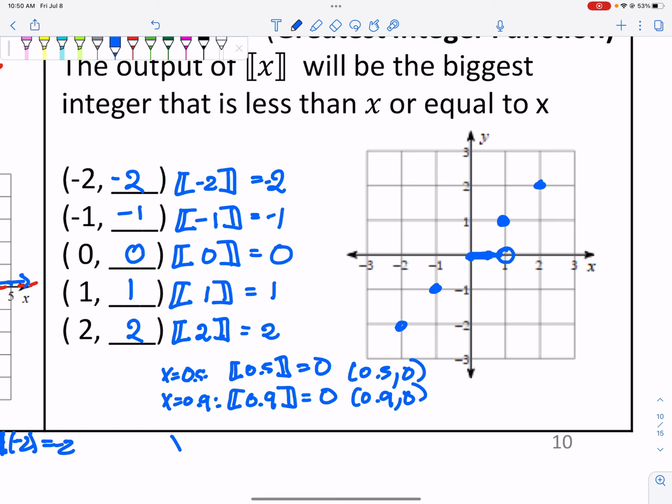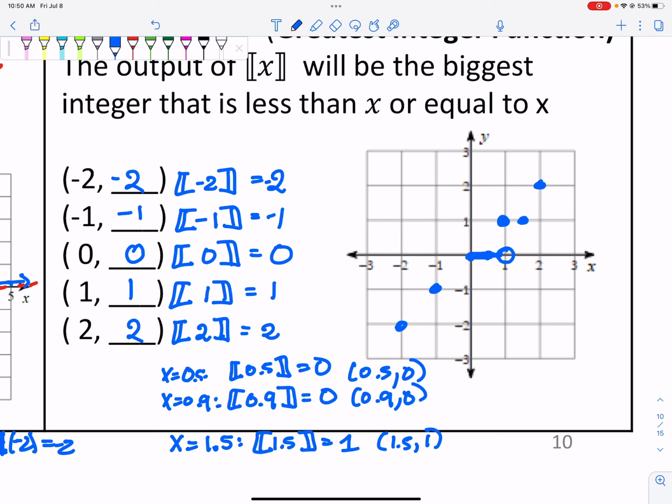Okay. Now let's see if we put in a 1.5. The biggest integer that is less than or equal to 1.5. It cannot be 2 because 2 is bigger than 1.5. It has to be less than or equal to 1.5. So the biggest integer that's very close to 1.5, but less than or equal to 1.5, would be 1. So the output for 1.5 is going to be 1. So 1.5 is the x, 1 is going to be the y.